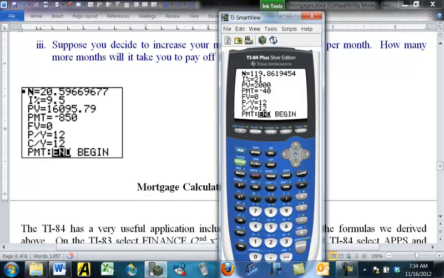It'll never be enough to cover even the interest each month. So be sure that you pay that off much, much faster. Credit card debt especially can be a very big problem.